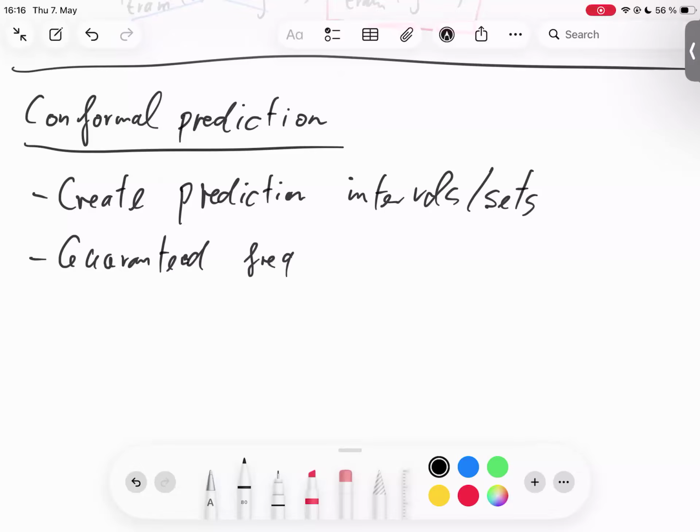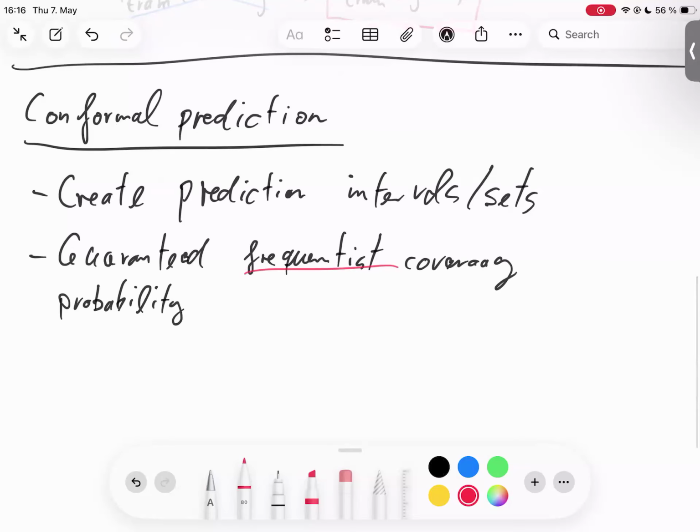Guaranteed frequentist coverage probability. As you know, in statistics, there are these two worlds, frequentist and Bayesian statistics. Again, oftentimes like a religious approach.